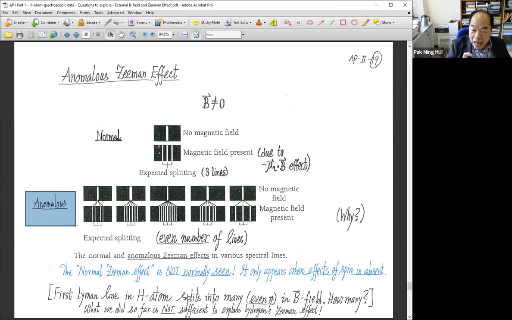When we include that into our whole consideration, we may be able to explain why one spectral line will split into an even number, not 3 spectral lines. And that is indeed the correct path to pursue further, okay?